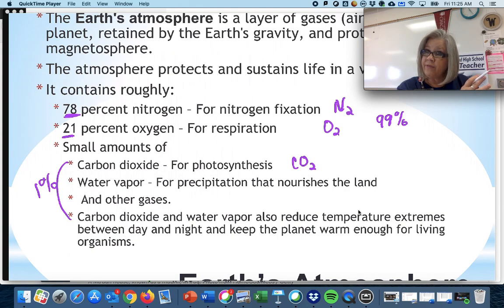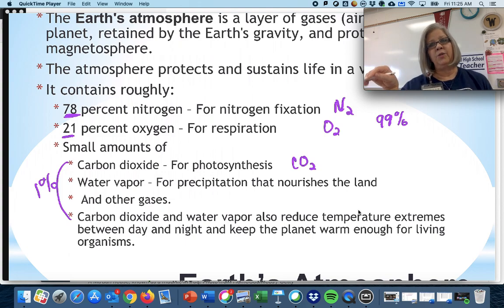When it's away from the sun, on the dark side of the moon, the temperatures plunge. So it gets really, really cold, several hundred degrees below zero. So what our atmosphere is able to do is to keep those wild swings. And that's one of the reasons why life can exist, because we have a moderated temperature because of that.